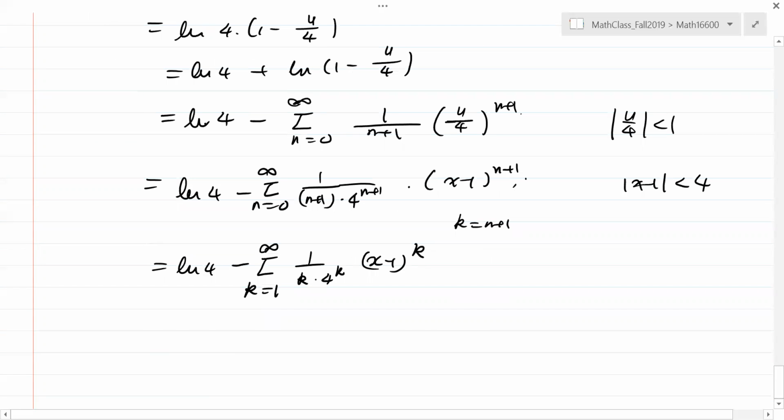When k equals 0, the coefficient is going to be natural log of 4. So why does k start from 1? Because when k equals 0, 1 over k times 4 to the k is undefined. But so this is the identity, right? We solved the problem.